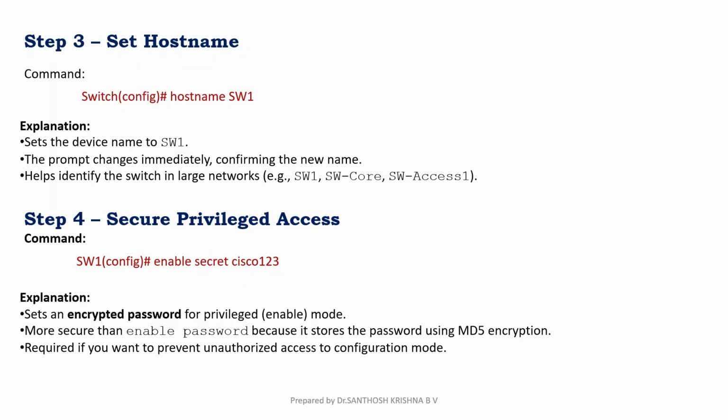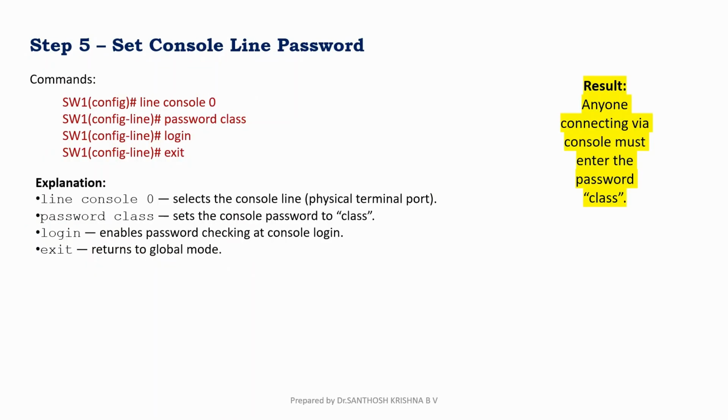Enable secret is more powerful than enable password because it stores the password with the MD5 encryption technique. In order to prevent unauthorized access to the configuration mode, we are using this enable secret.